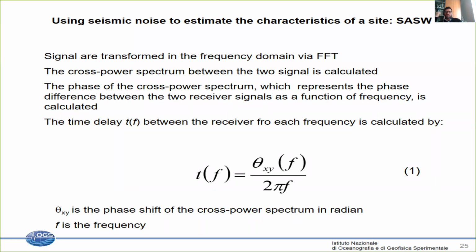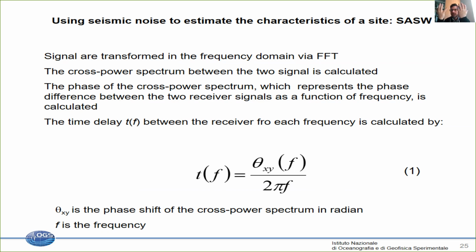The signal that you have seen arriving at the geophone was transmitted to the analyzer, that instrument. The signals were transformed in the frequency domain, calculating the Fourier transform. And from the Fourier transform, the cross power spectrum between the two sensors is calculated.